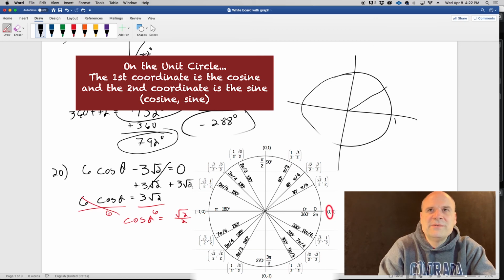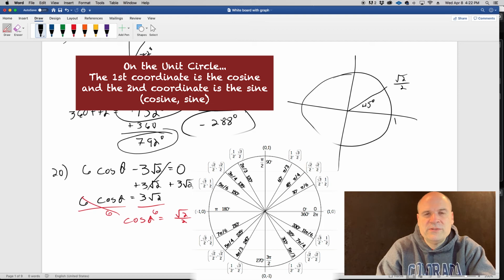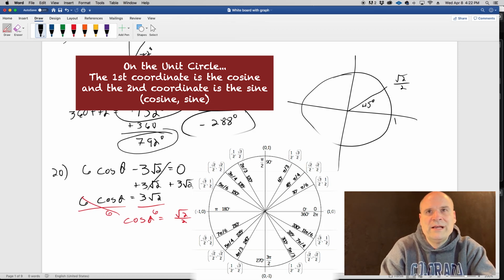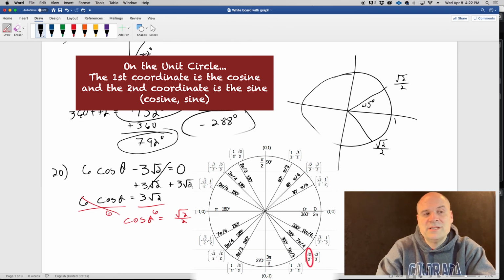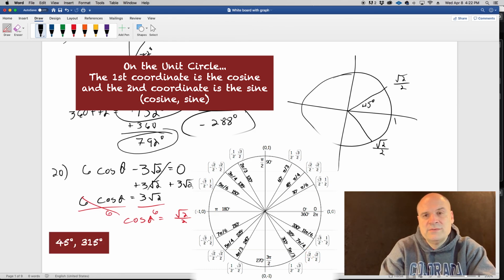Here, it's radical 2 over 2, and that's 45 degrees. So one of our answers is 45 degrees, but where else is it? Positive radical 2 over 2. So if you come all the way over to here, this is also radical 2 over 2. That's where cosine of theta is radical 2 over 2.